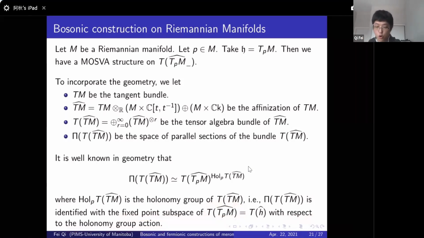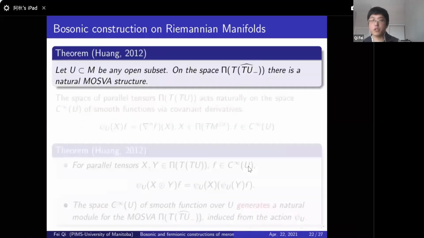And we already know that on this space, there is a meromorphic open string vertex algebra structure. So this is basically what Huang proved. Actually, Huang proved something much better. So for any open set, I believe, actually any open set will be good.